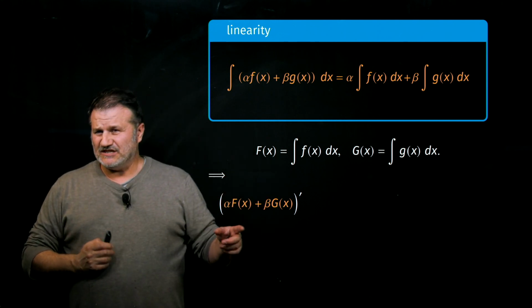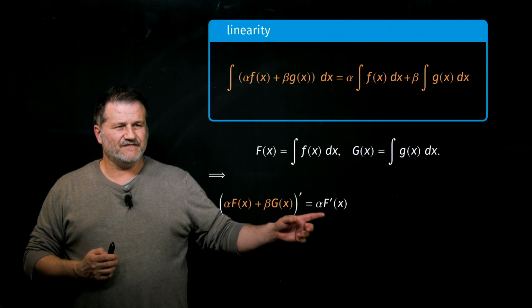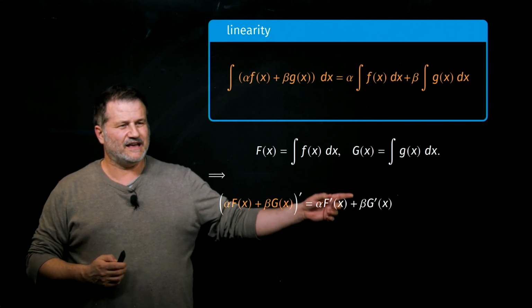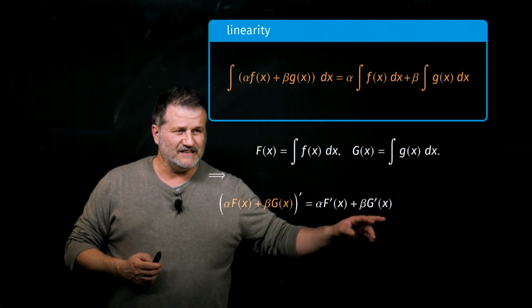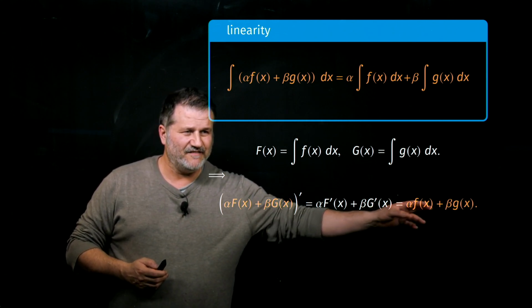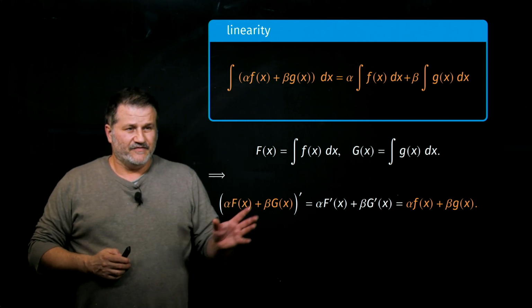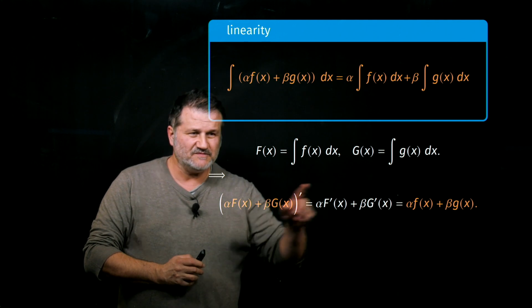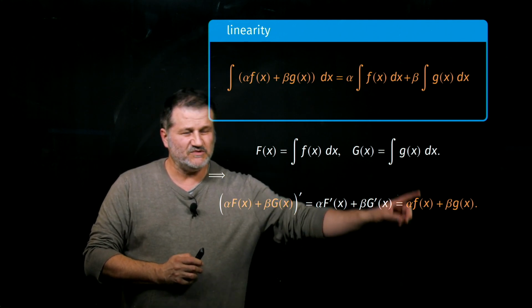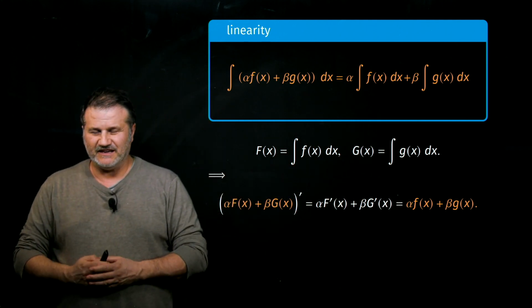Because of the linearity of the derivative, this is alpha capital F prime plus beta capital G prime. But these are little f and little g, so we have alpha f plus beta g. Therefore, this function here has derivative this one. And this means that this is a primitive of this, which is exactly what this formula says.